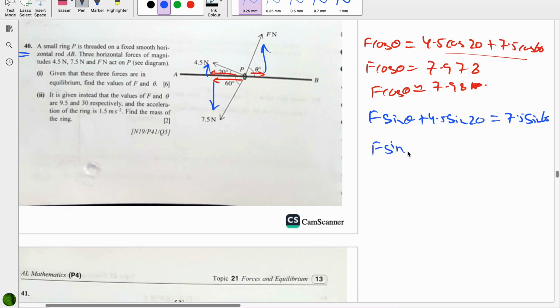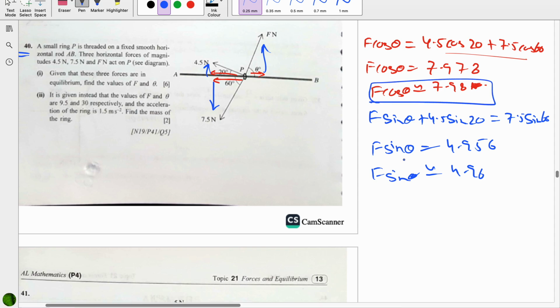So F sine theta is equal to, using calculator, that is 7.5 sine of 60, and we subtract 4.5 sine of 20, it is 4.956, approximately equal to 4.96 for F sine theta.